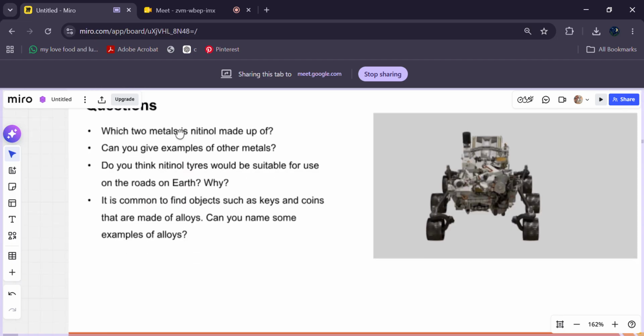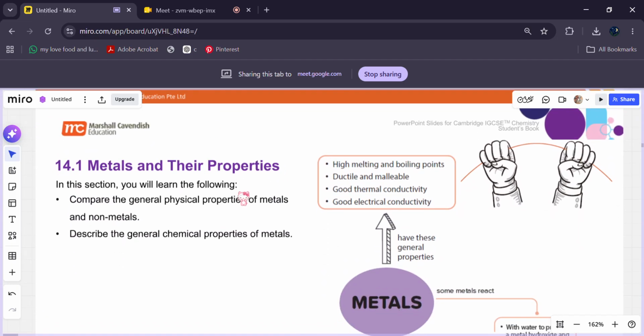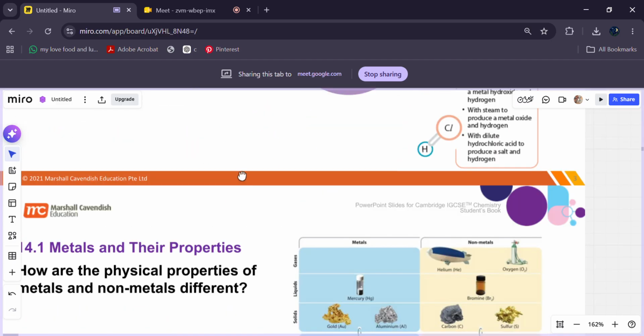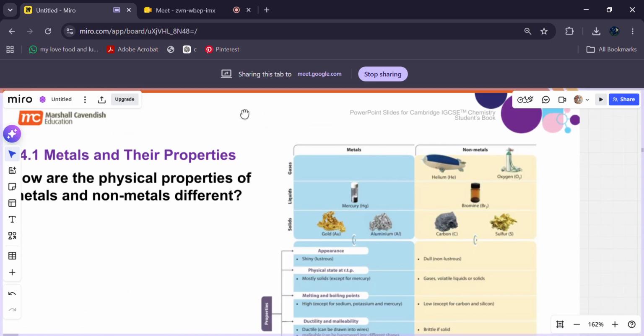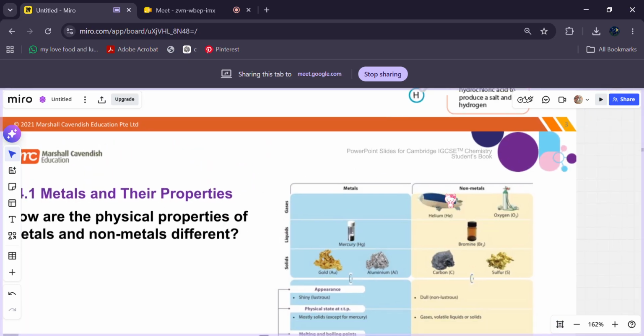Let's move on to section 14.1, which is metals and their properties. In this diagram, you can see we have metals and non-metals. The diagram shows that metals come in different forms, most being solids. But there is one metal in liquid form, which is mercury.